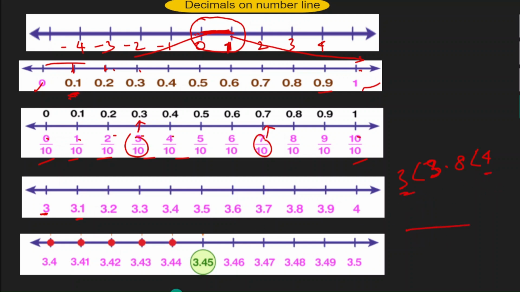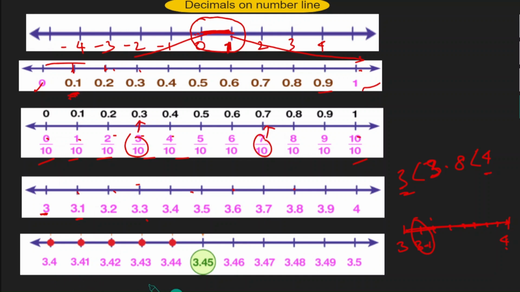So 3 and 4 need to be expressed on the number line starting from 3 ending at 4 and dividing all of this into 10 equal parts. So each will have a length of 0.1. So the number will grow like 3.1, 3.2, 3.3 and likewise. Okay. So you can just count 1, 2, 3, 3.3. This is 6, 3.6.